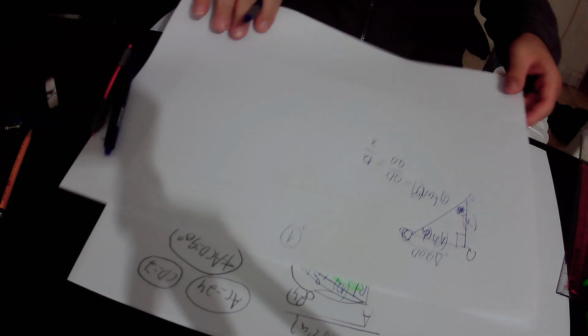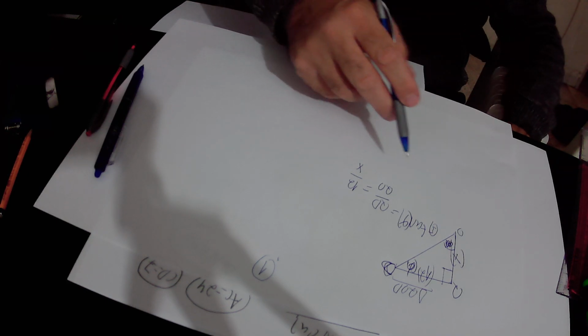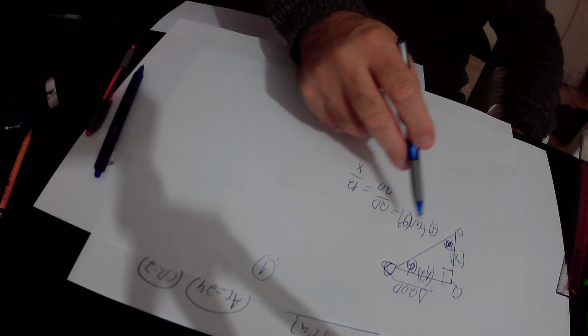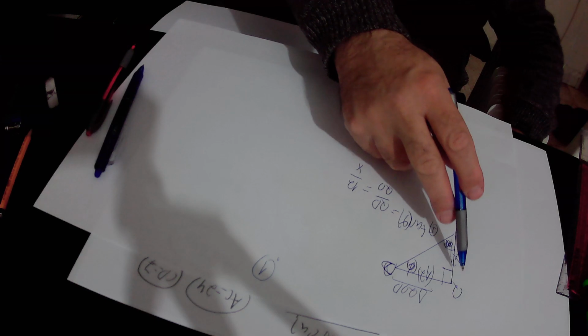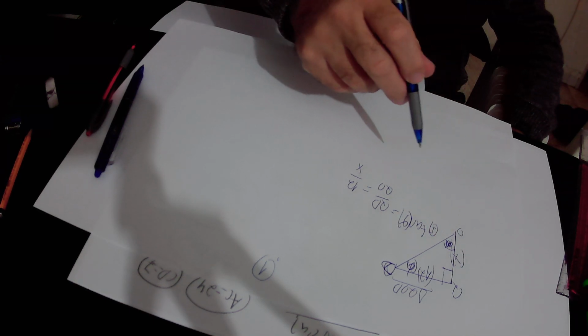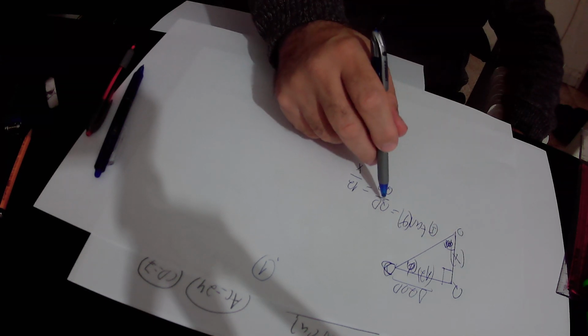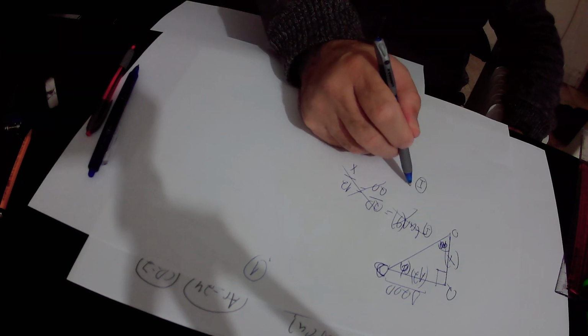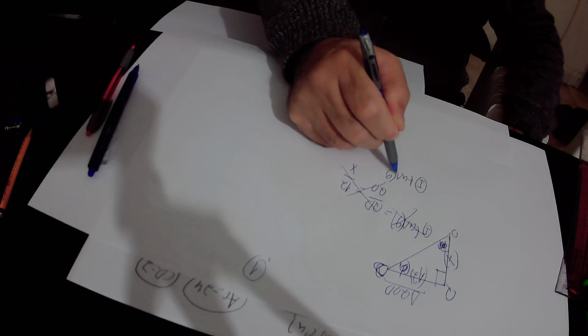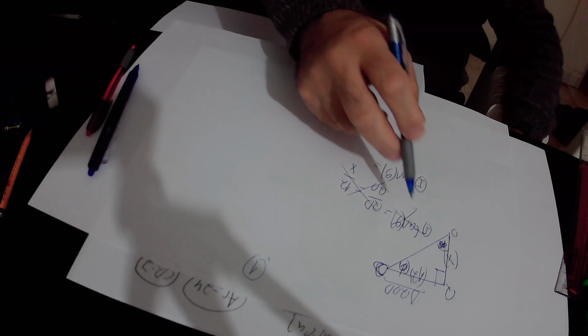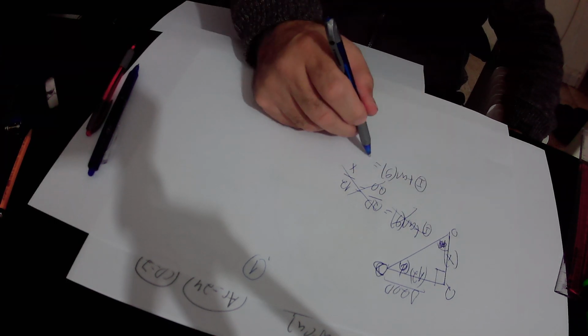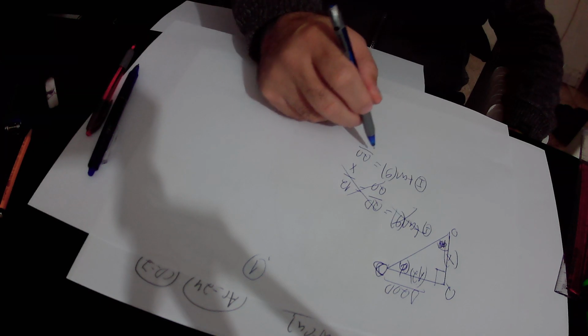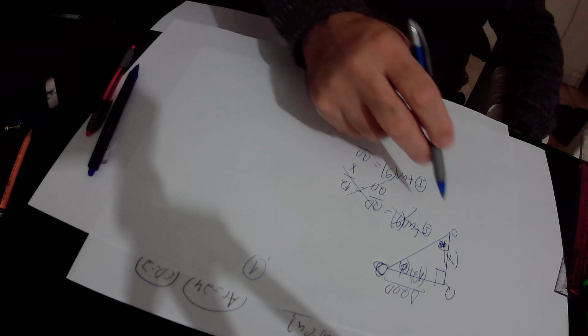So in this right triangle QDO, tangent alpha equals QO over QD.